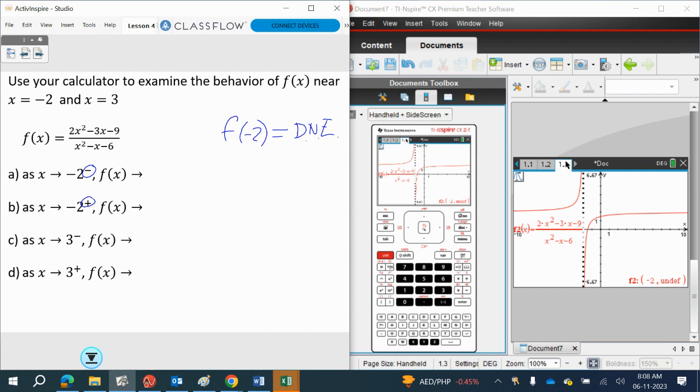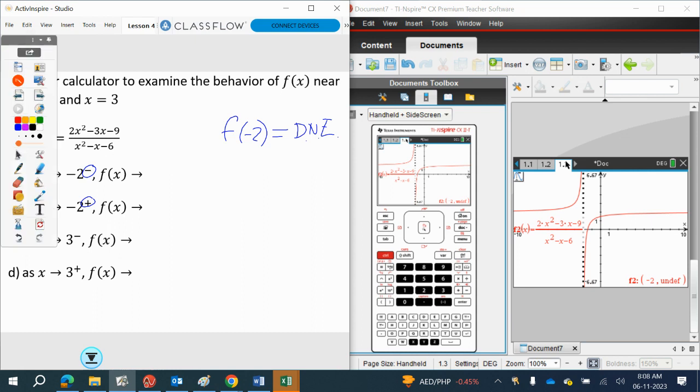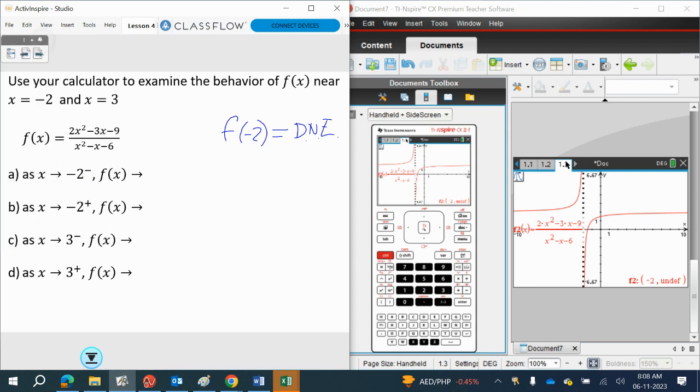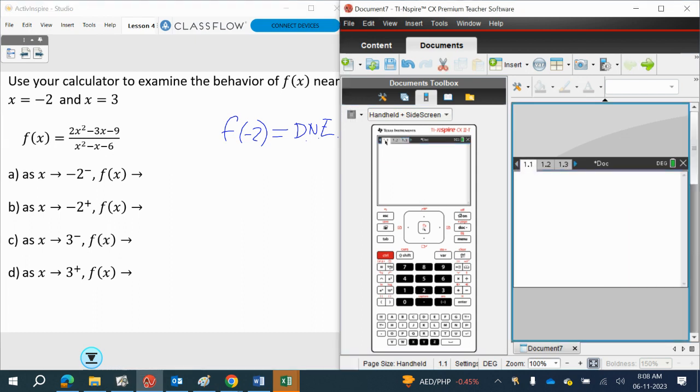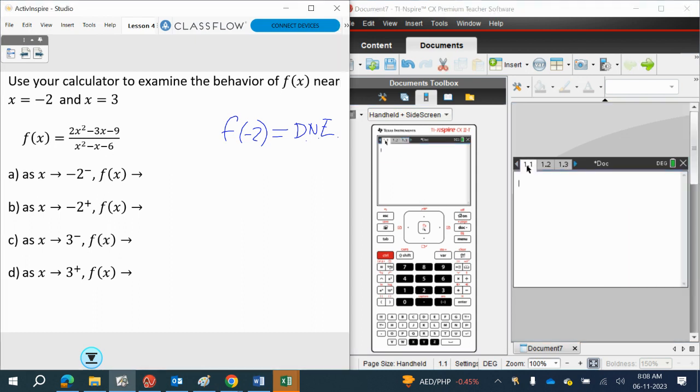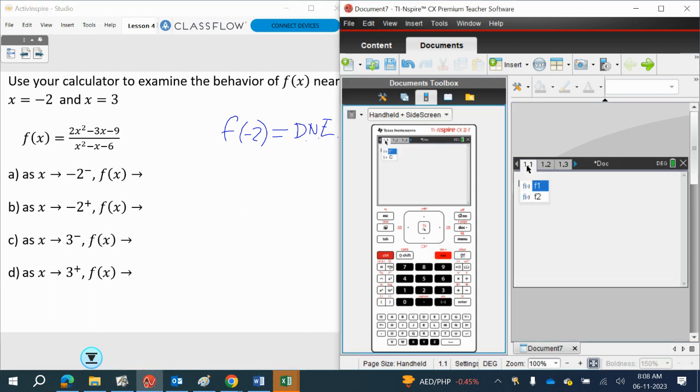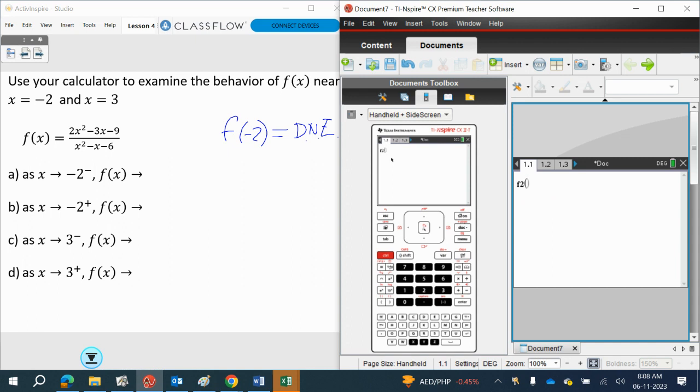We are going to approach -2 from the left-hand side first, and then we are going to approach it from the right-hand side. What that means is I'm moving along the curve in this direction and seeing what the values are. As I approach from the left-hand side, I have to put in values that get closer and closer to -2.